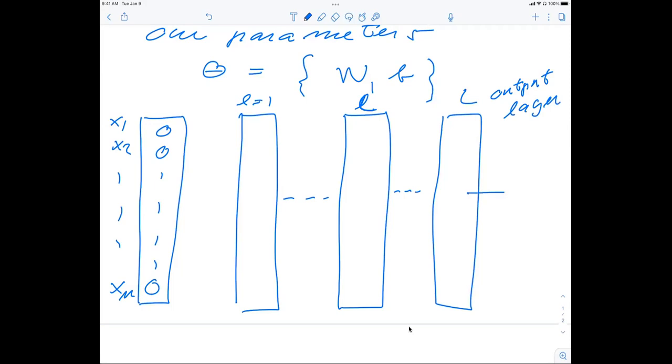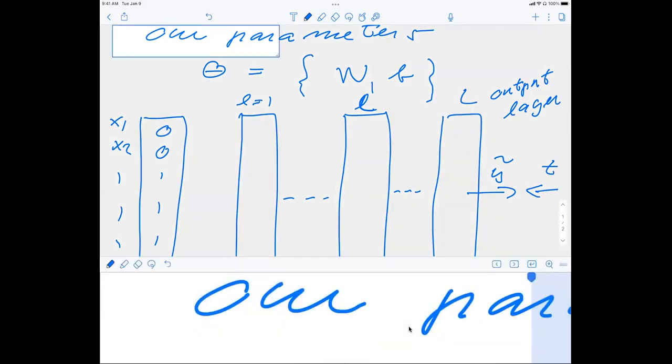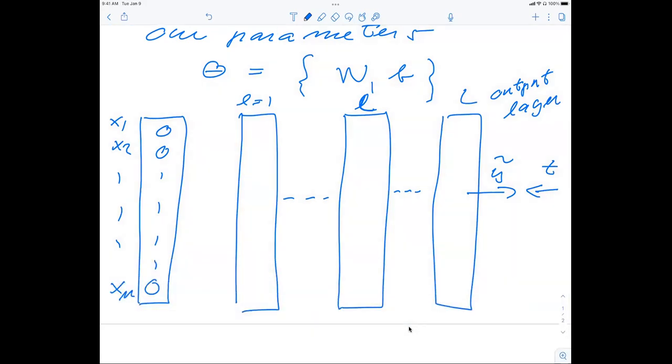And that produces a value y tilde. And this is now being confronted with the data which we have, the targets. And the output layer can have many different nodes itself. If we are just producing one output, there will just be one output in the output layer.